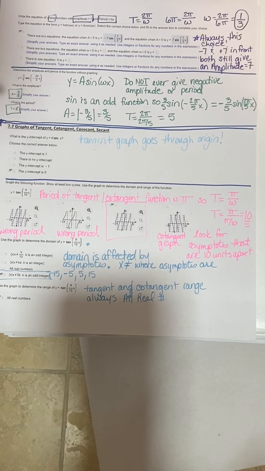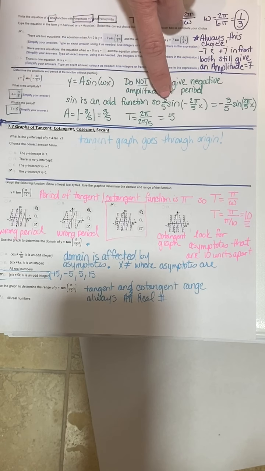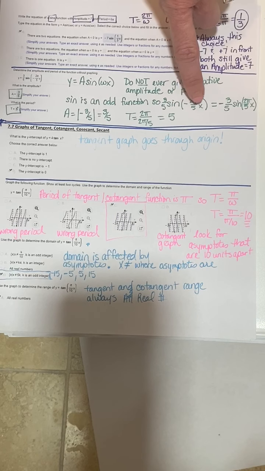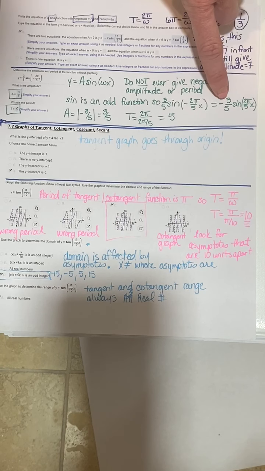Okay, last one. They want us to find the period and the amplitude. Don't ever, ever, ever give a negative amplitude. It's always the absolute value. So for this case, you're noticing they have a negative here. Now, sine is an odd function, so you could rewrite this, instead of 3/5 sine of -2 pi over 5 x, pull the negative out.